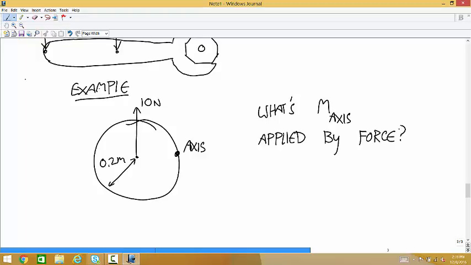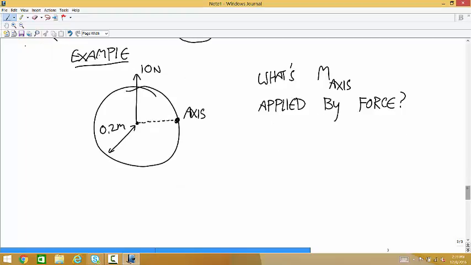The first thing you have to do is figure out whether the conditions are met for us to use our calculation. We have to check and make sure that the line between the axis and the point where you're applying the force is perpendicular to the force. So draw this line. Are those two perpendicular? Yeah.